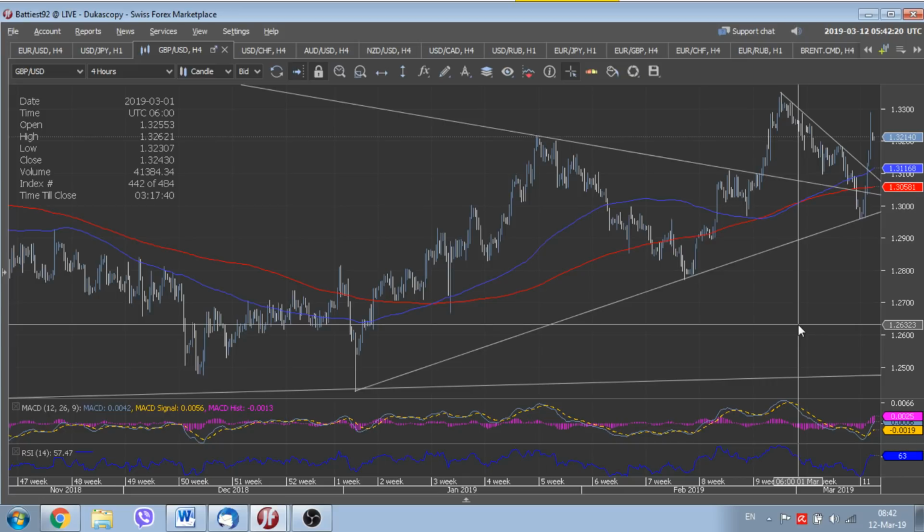In case of disapproval of today's Brexit deal during the parliamentary session in the UK, tomorrow the British Prime Minister should put on a vote the so-called exit of Britain from the European Union without a deal.